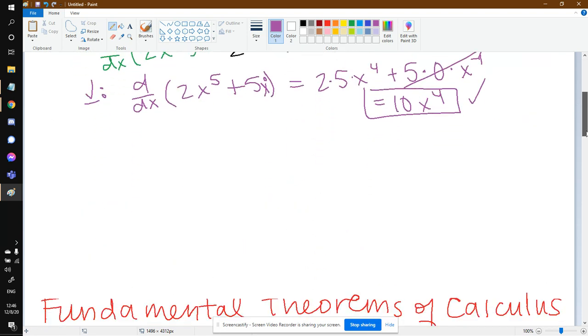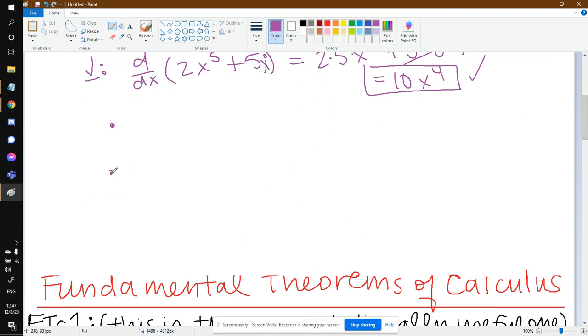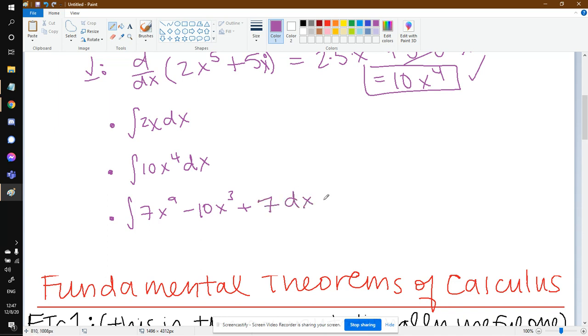So technically, when we take these derivatives, and you should do this on your worksheet as well, your assignment today, when we take the derivative of, say, 2x, or we take the derivative of 10x to the 4th, or we take the derivative of 7x to the 9th minus 10x cubed plus 7, or whatever, right?